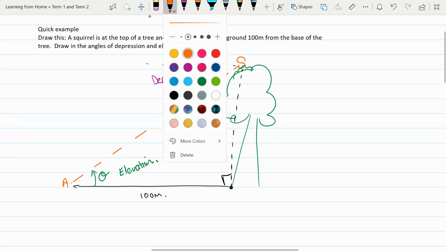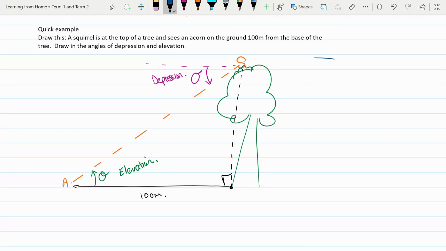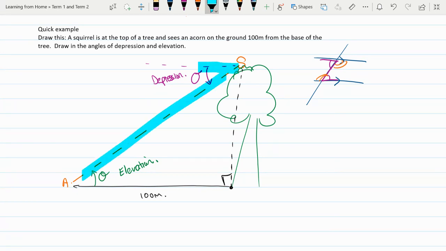If you think back to geometry from year 7, when you have two parallel lines and a transversal, so that's a line going through them, if you can make a Z shape here, the angles in the corners of the Zs are equal, and also on the other sides, those two are equal to each other as well. So we have that pattern happening here. We have a Z, and there are the two angles that are the same.